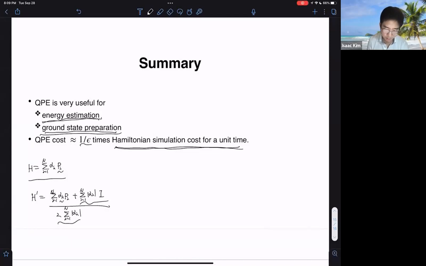If you know these alpha i's, then you can compute the shift and the renormalization factor. This way, you can always ensure that the energies are non-negative. Maybe there's a factor of pi somewhere, but you can make it smaller than 2 pi.